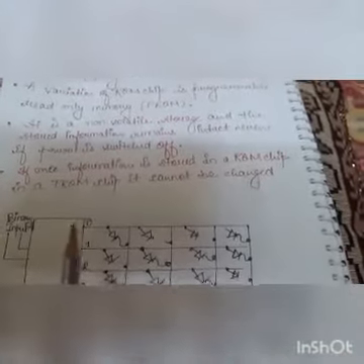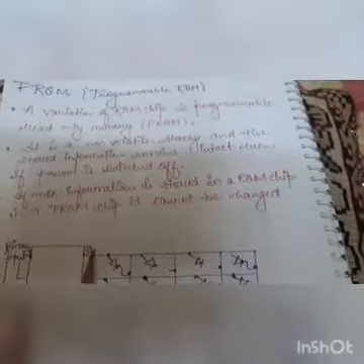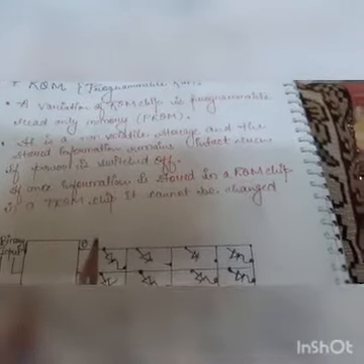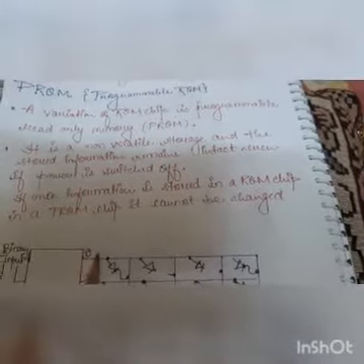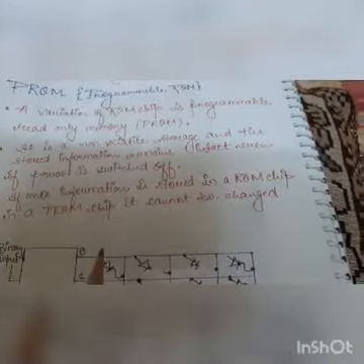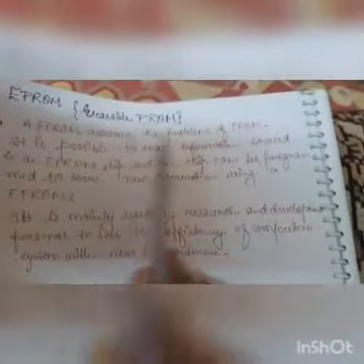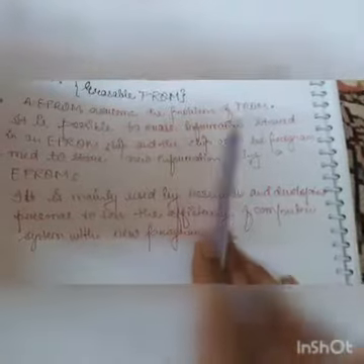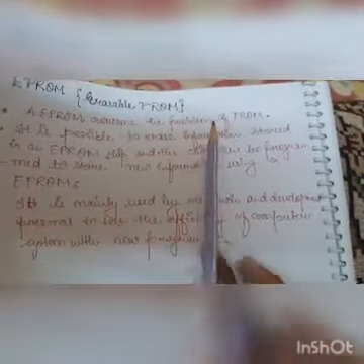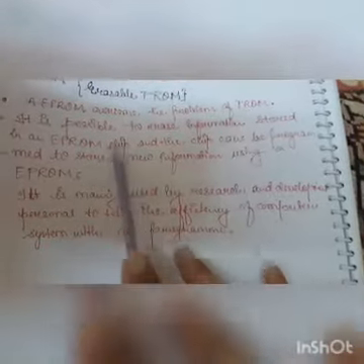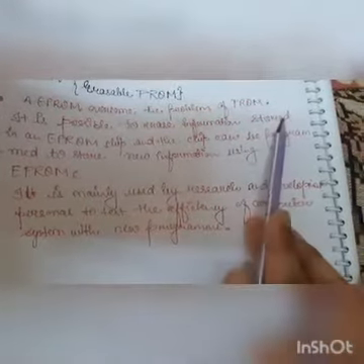To overcome the disadvantage of PROM, the next classification is EPROM, erasable programmable read only memory. To overcome the disadvantage of PROM, an erasable PROM was introduced. An EPROM overcomes the problem of PROM.